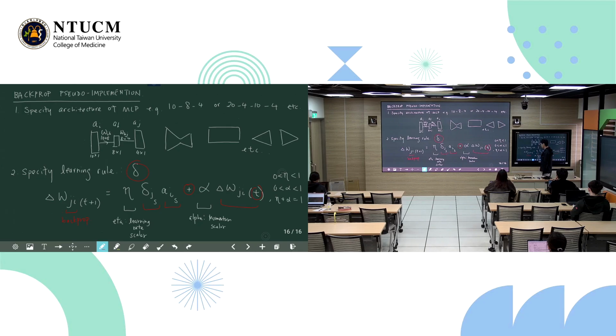Now, eta is the learning rate. You can imagine, it ranges from 0 to 1. If eta is 0, your weights never change. Your weights are always the previous weights, right? And if eta is 1, then your weights completely change as a function of whatever new update the delta gives you.